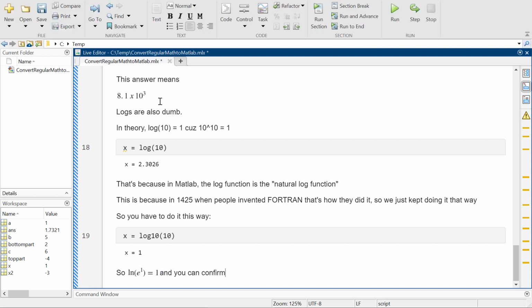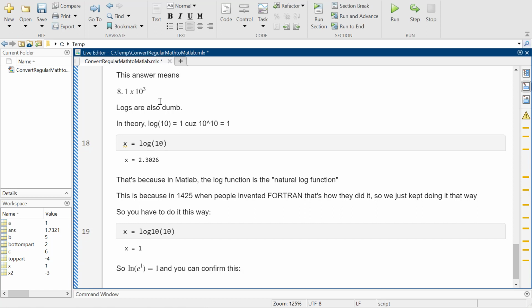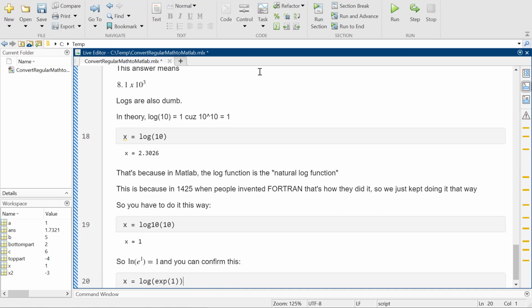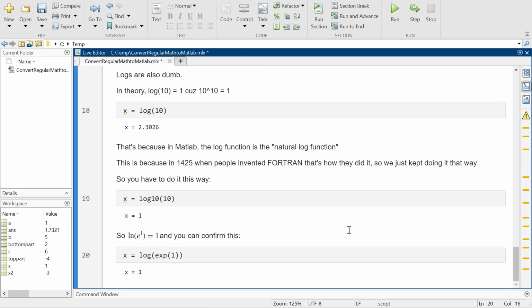And you can confirm this by saying the log of the exponent of 1 is 1. So normal log is log base 10 in general, but in Matlab, log is the natural log.